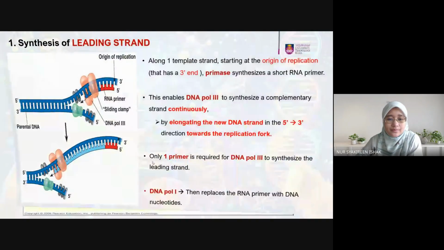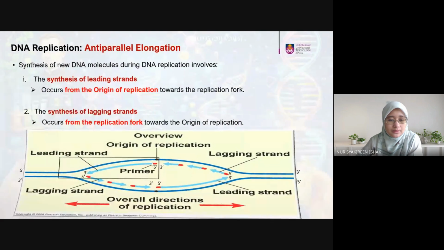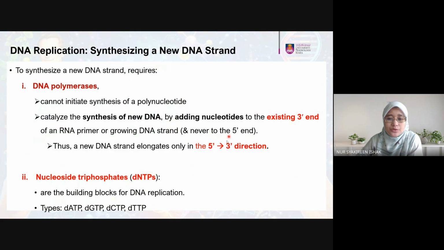So the DNA polymerase will add the DNA nucleotide to the existing 3' end of the RNA primer, or the growing DNA strand, and never to the 5' end.